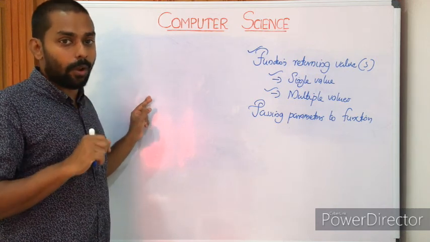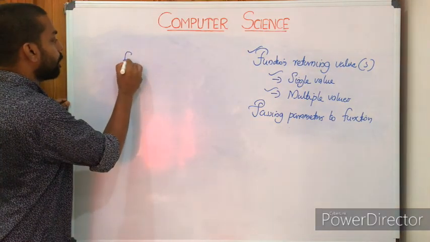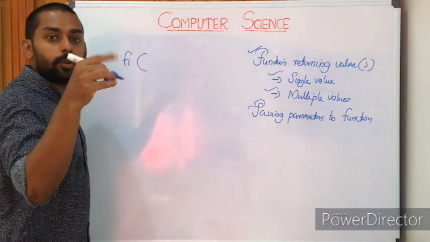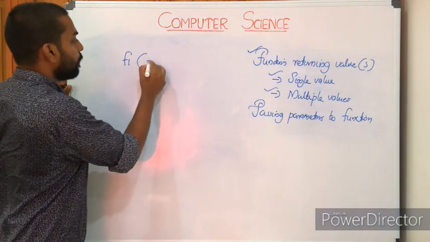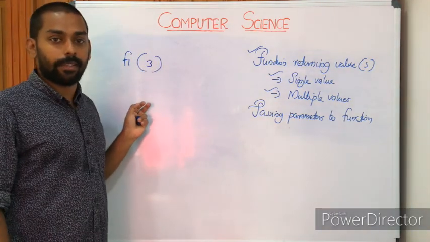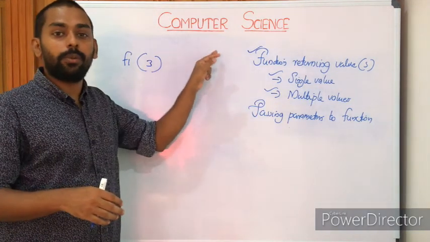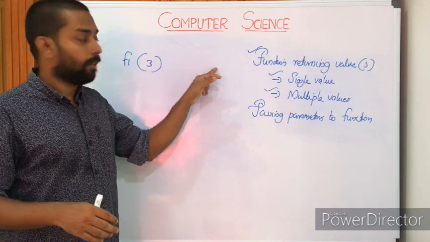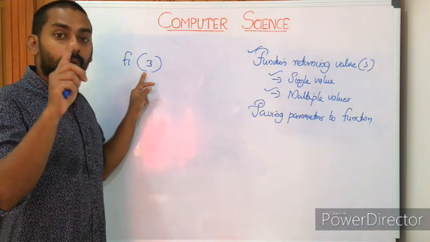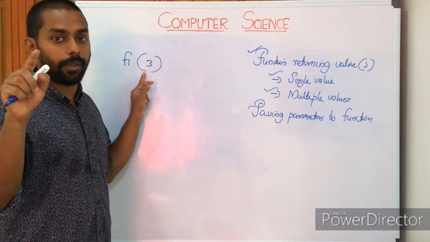What will be the calling statement? It is f1. How many arguments should be passed? Only one, that is 3. So it works on 3 into 3 minus 1, that is 2. 3 into 2, 6.